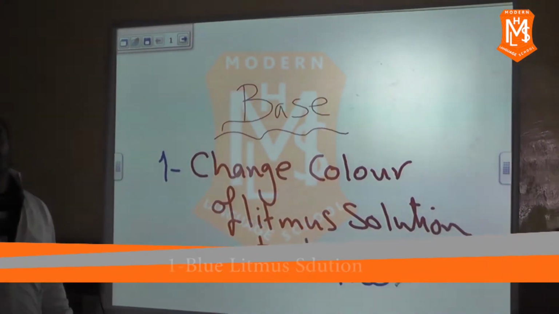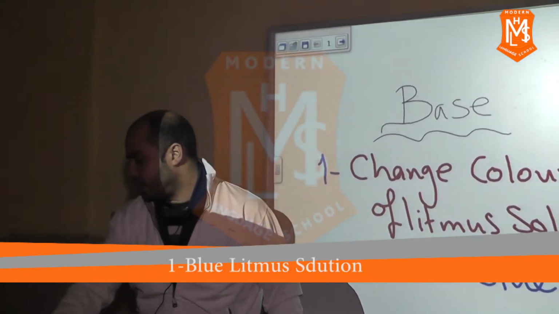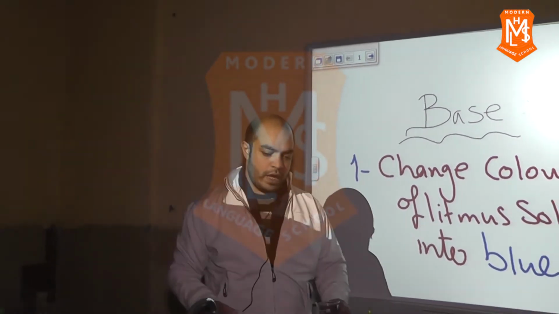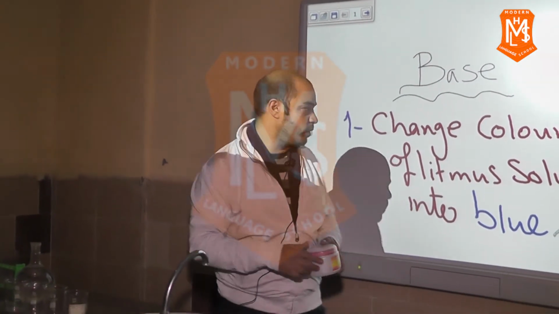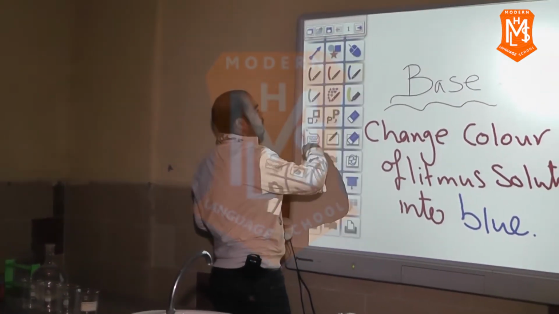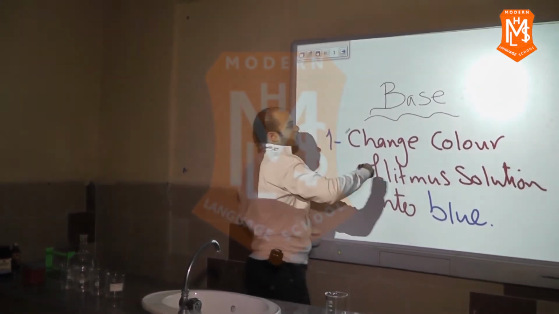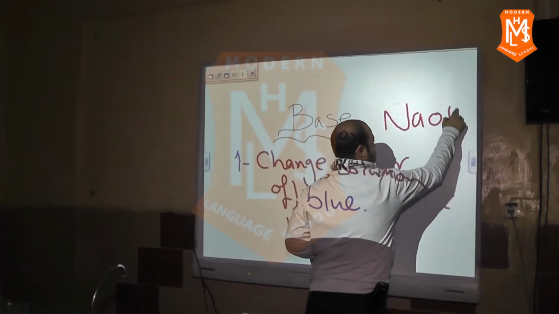To show these properties, we can do the following activity. As we show, it is sodium hydroxide, NaOH, which is considered one of the strongest bases.